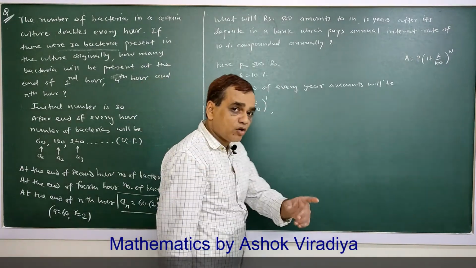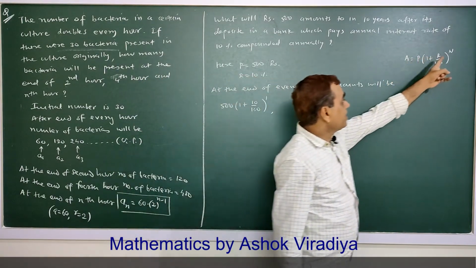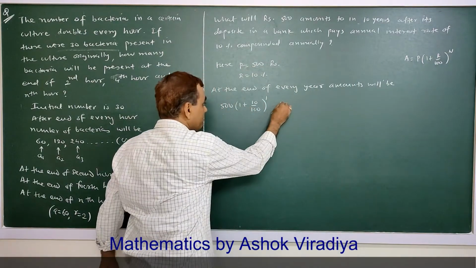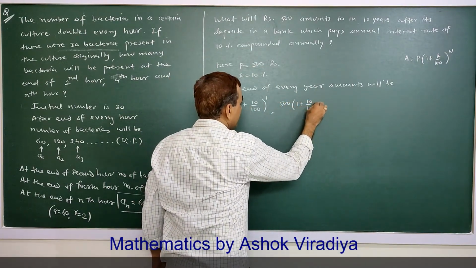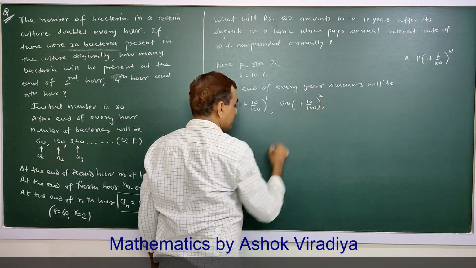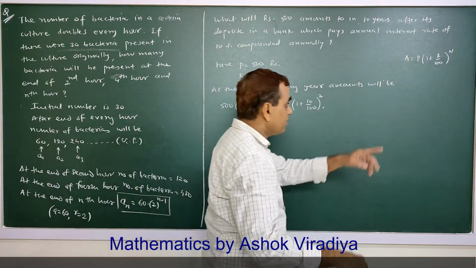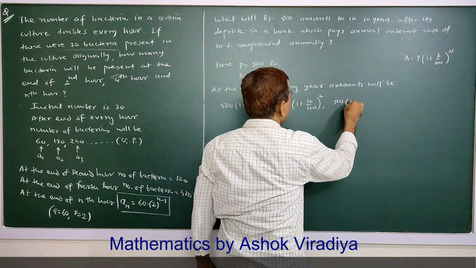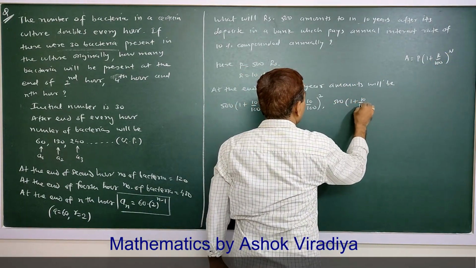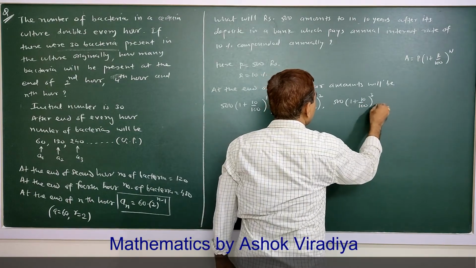At the end of second year, put here 2. So amount will be 500 into 1 plus 10 upon 100 raised to 2. At the end of third year, put here 3. So 500 into 1 plus 10 upon 100 raised to 3.